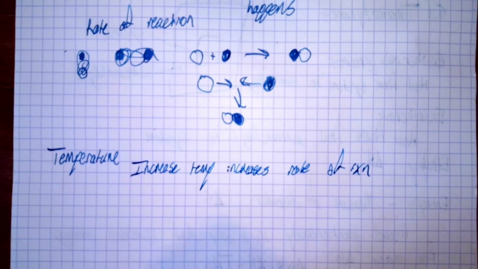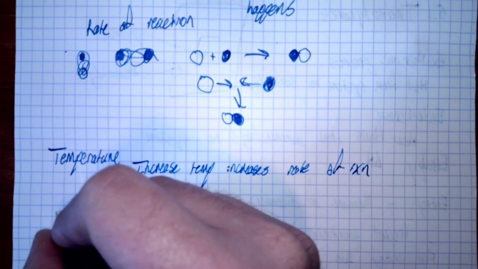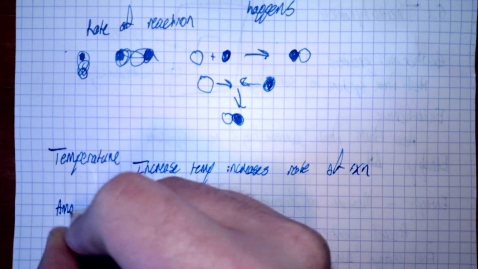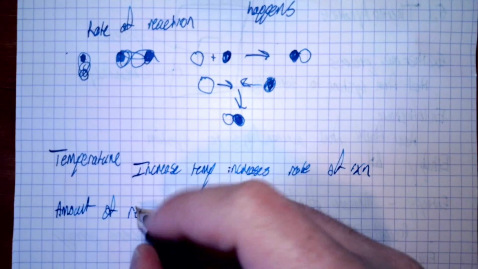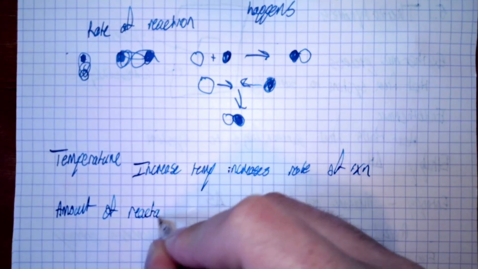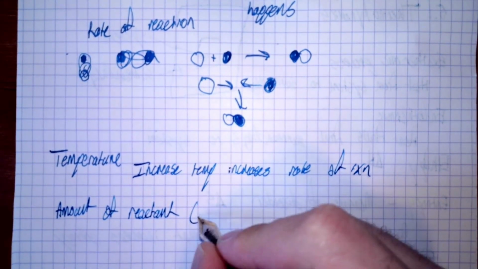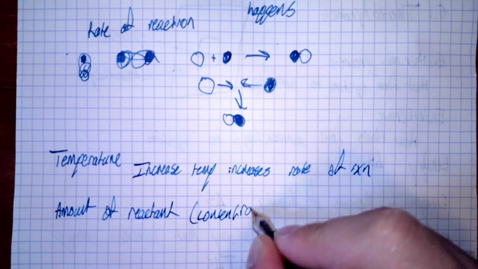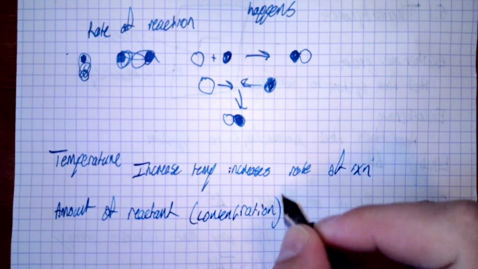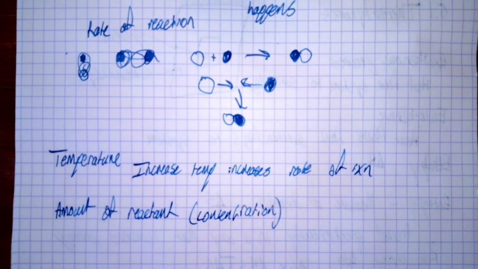Now, also we can talk about our amount of reactant, or we could say concentration, which is how much reactant we have per unit volume, typically, or mass.